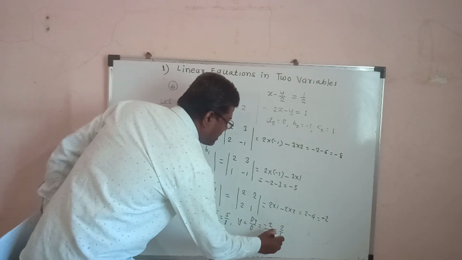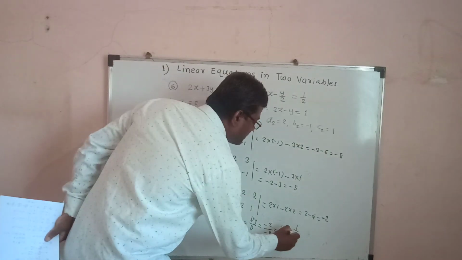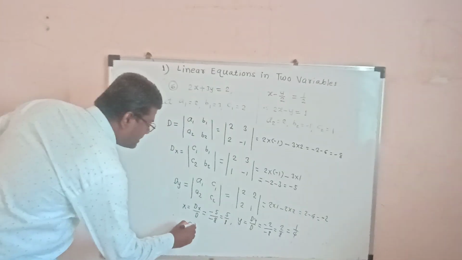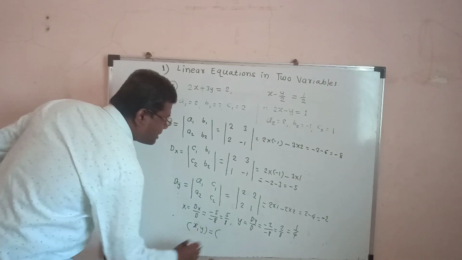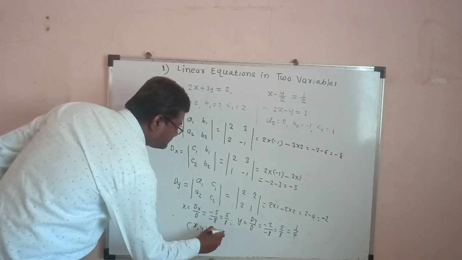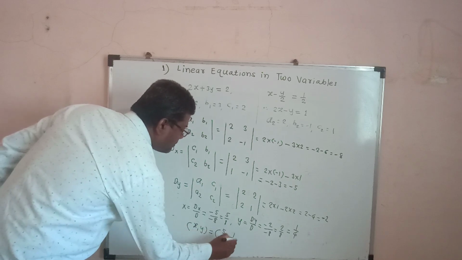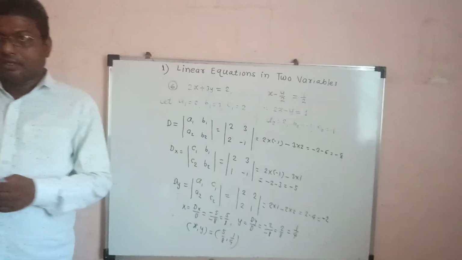So it will be 2 upon 8, which is equal to 1 upon 4. So the solution of these simultaneous equations is, value of x is 5 upon 8 and value of y is 1 upon 4.